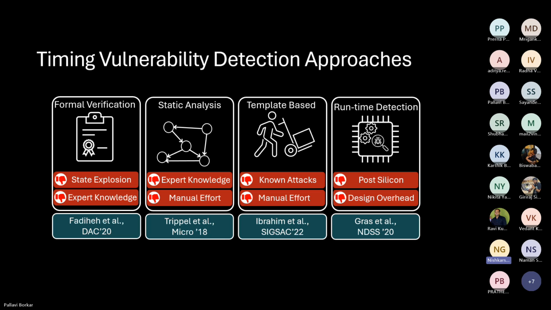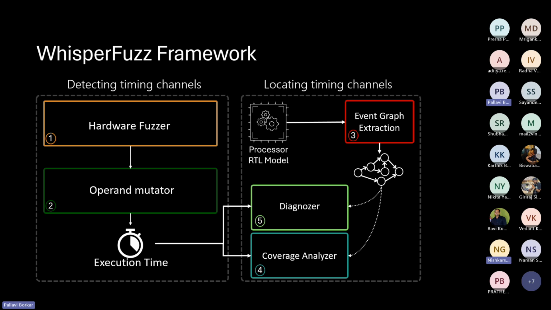Okay, and just the last question about where you showed your overall solution architecture. There was a structure called the mutator. Could you highlight what the objective behind the mutator was, or what its work was? Oh, that's the operand mutator. Yes. So the hardware fuzzer will generate your instruction sequences, but timing vulnerabilities exploit the differences to extract values.